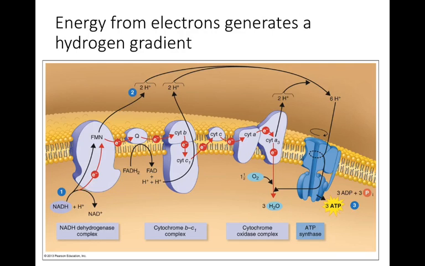As those electrons are moving, they're losing energy. Okay? And as they're losing energy, how is that energy being used? What is that energy driving? Not ATP just yet. There's something that has to happen before the ATP gets produced.